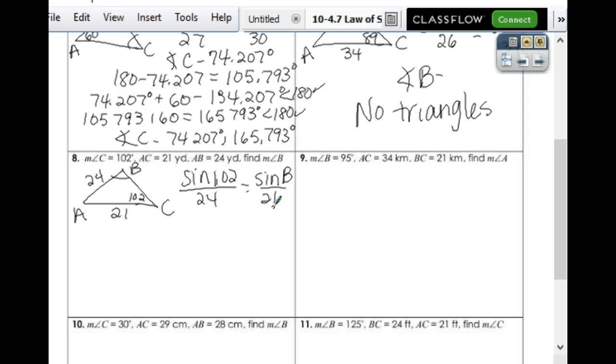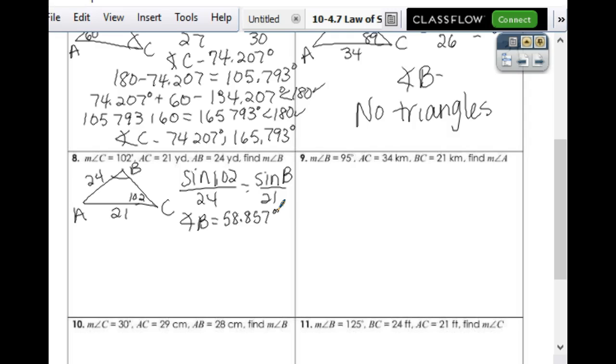So cross multiply, and what do you get for angle B? Right. So we get 58.857. Now, we have to check for a second angle.